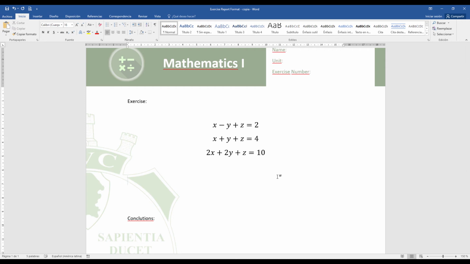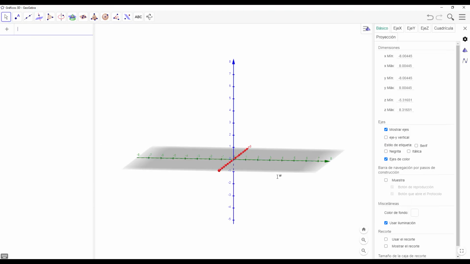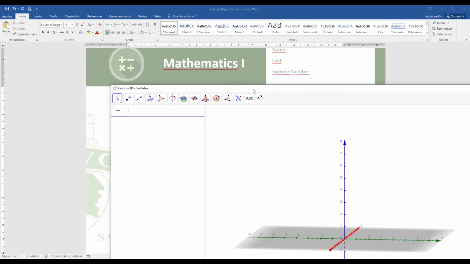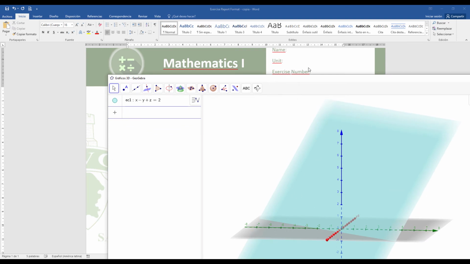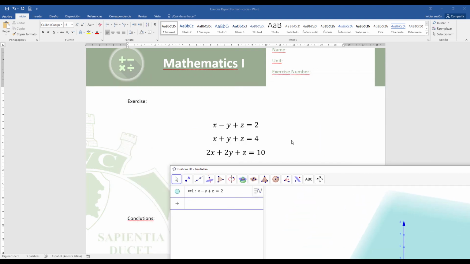Now we will use GeoGebra again. Here I will type the equation, plus z equals to, and one plane appears. The next one, x plus y plus z equals to 4.